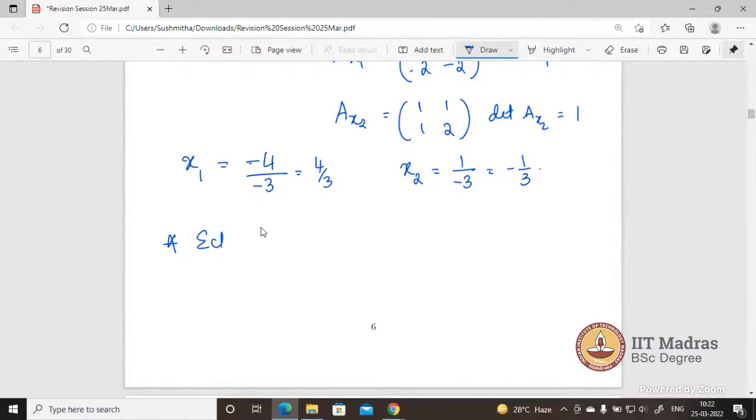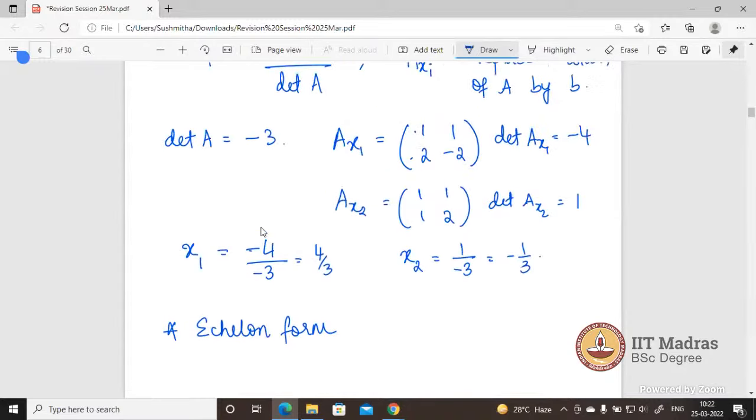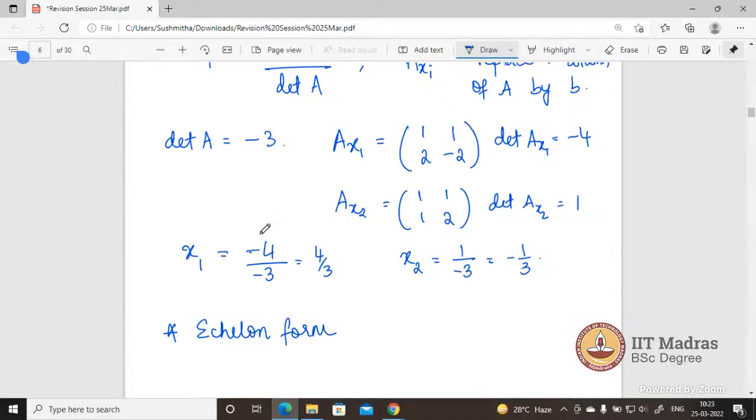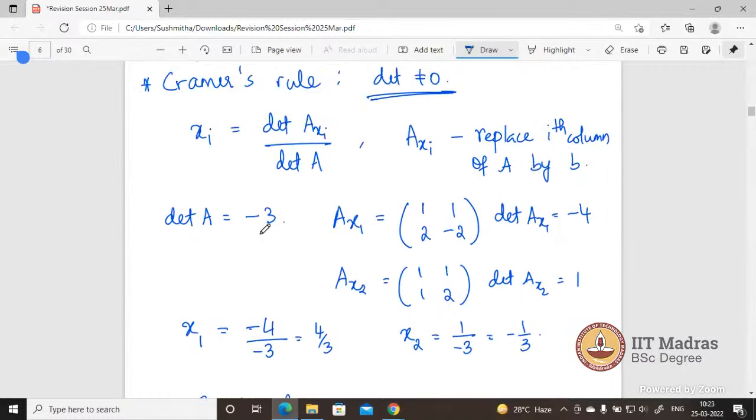So what is the echelon form? I have one question. Yes. How can they ask, like, they can tell the determinant first, and how can they say what the Ax1 is, what the Ax2 is? I did not understand. Let's assume I have a matrix, and in that question they asked that the matrix determinant is minus 2, and Ax1, here you are mentioning Ax1.